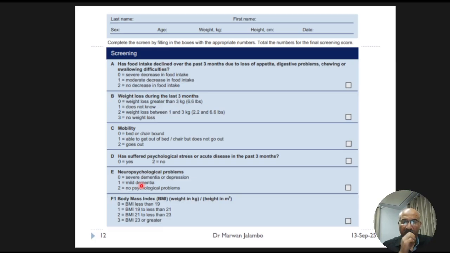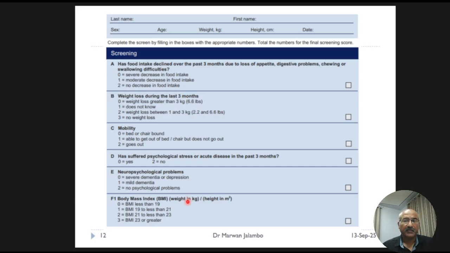So it asks about recent food intake decline, weight loss, mobility, recent psychological stress or acute disease, neuropsychological problems like dementia or depression, body mass index, or calf circumference.